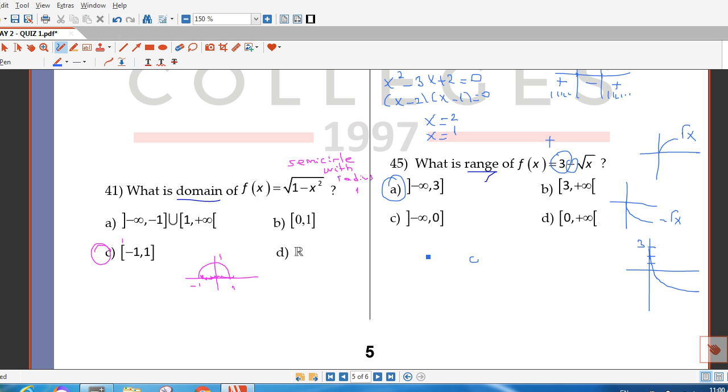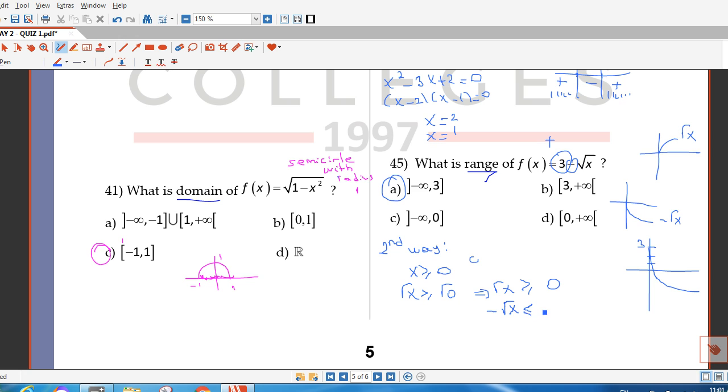Answer is A. Or there is one more logic as a second way. You may start from the logic of domain. So the inside of the root should be greater than or equal to 0. Step by step I have to prepare my function, and then take the root of both sides. So root of 0 is also going to be 0. Root of x greater than or equal to 0, and I have to put minus root of x.